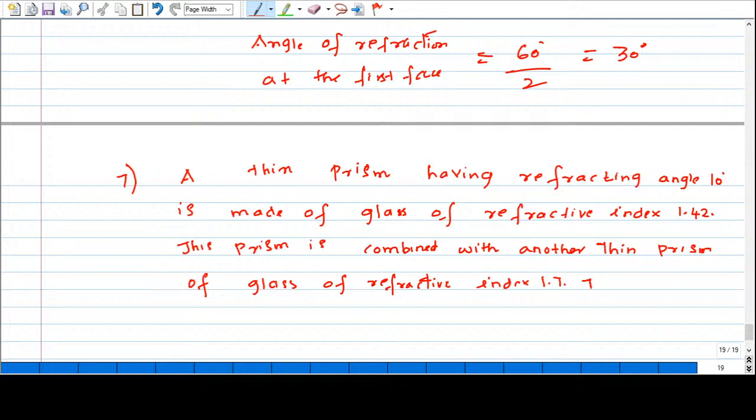This combination produces dispersion without deviation.